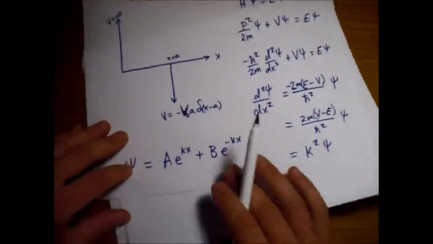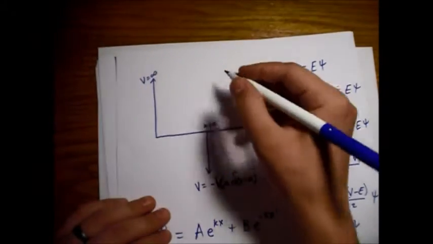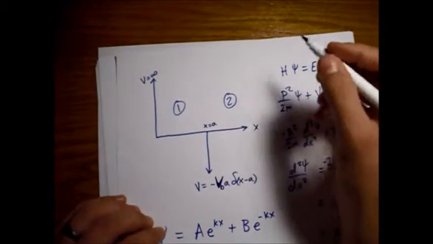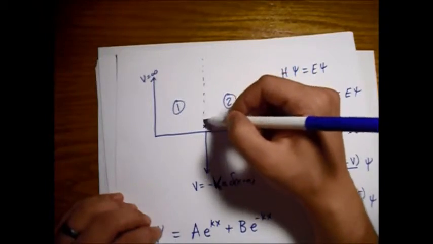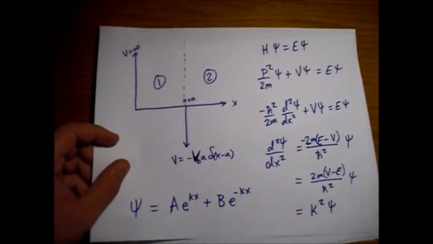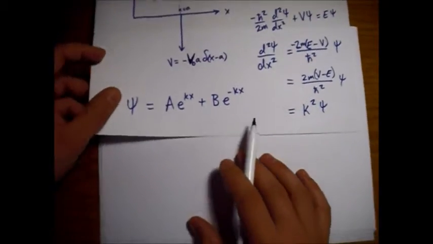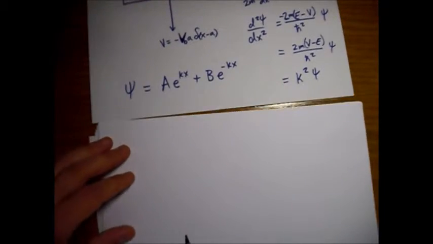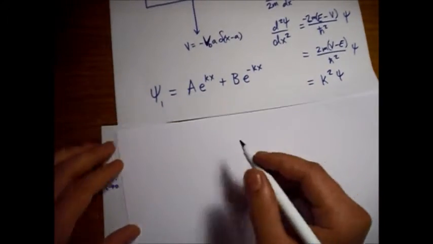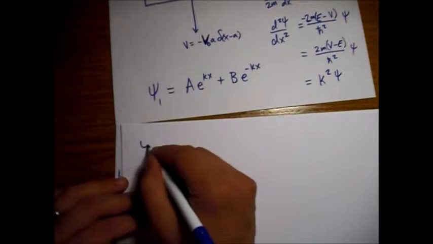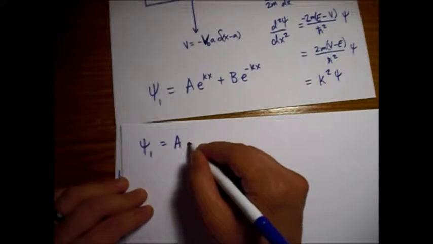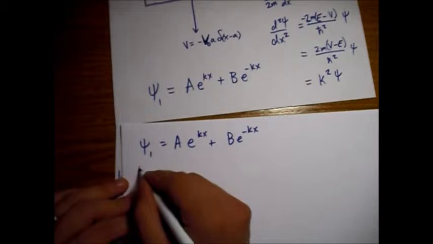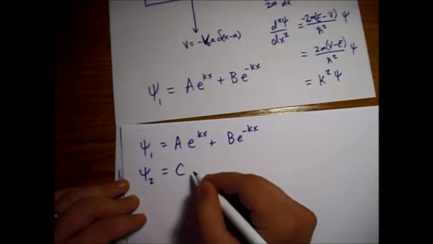All right, let's divide this into regions. Let's call it region 1 and region 2. That division happens right at x equals a. The wave function will have a form like this in each of these two regions. I'll reuse these constants here: a e to the kx plus b e to the minus kx, and then for region 2, let's use c and d.